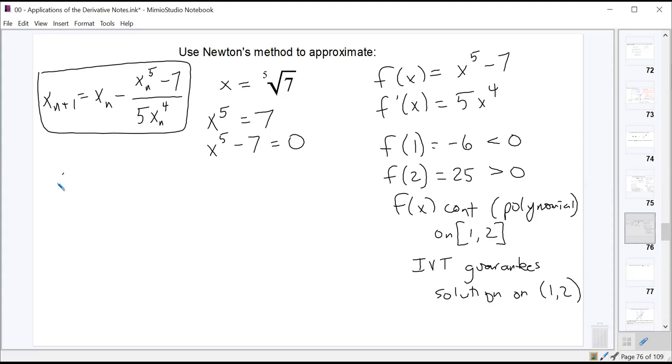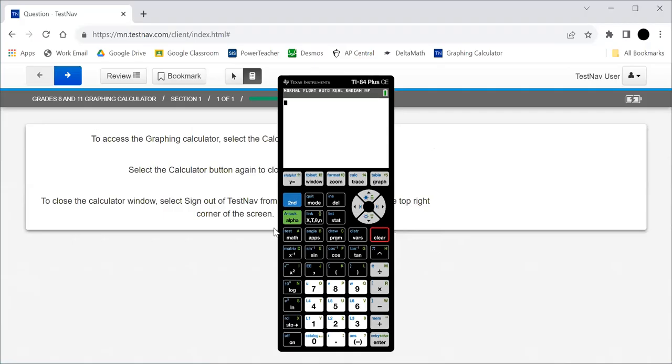And let's say we'll start with x naught is equal to something between 1 and 2. 1.5 seems like a reasonable value for us to use. So we will now go into our calculator, clear out all of this. Our starting guess is 1.5, so step 1 will be just to put in 1.5 and hit enter.